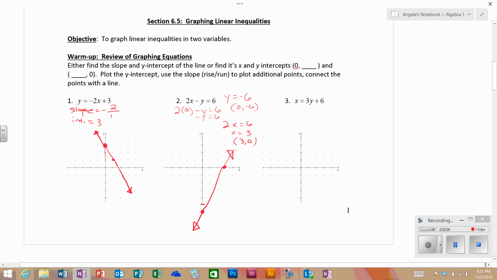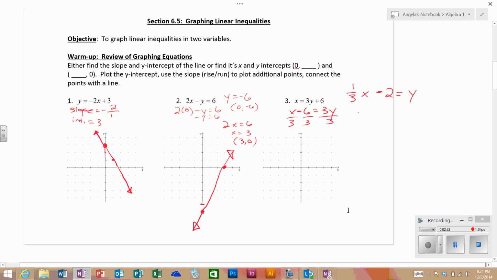Let's do the last one. I'm actually going to do this one with slope-intercept. So in order to do that, we need to get it into y equals first, okay? So I'm going to move the 6 over because I want to keep the y positive and then divide by 3. So I get 1/3 x minus 2 equals y.